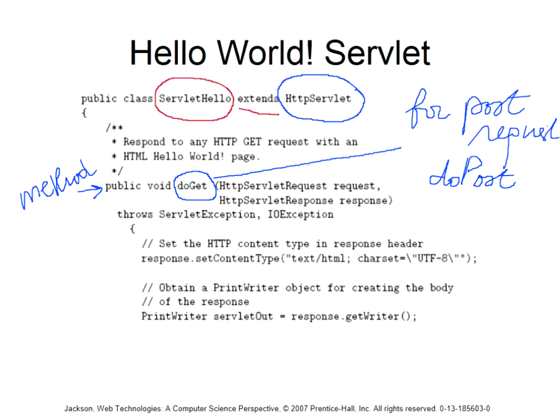But in a servlet, we create doGet or doPost or both. Is it clear? So doGet responds to all the HTTP GET requests and doPost responds to all HTTP POST requests. So in this method doGet, how many arguments do we have?